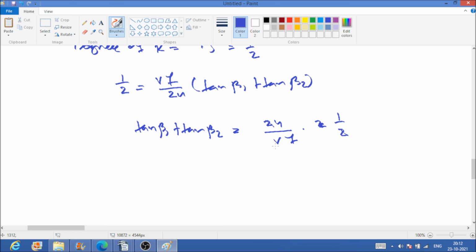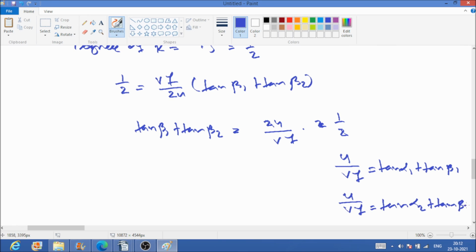Now remember this u by Vf. So we have two equations. u by Vf is equal to tan alpha 1 plus tan beta 1, and again u by Vf is equal to tan alpha 2 plus tan beta 2.